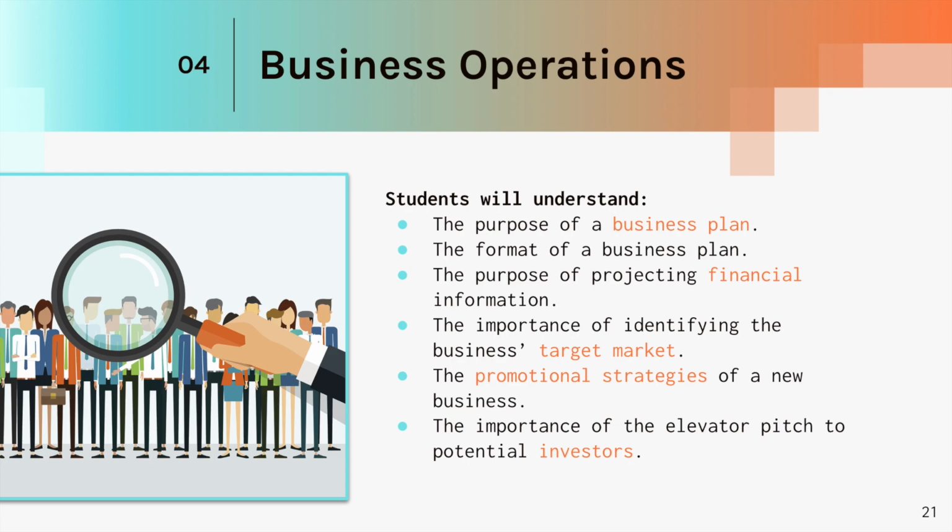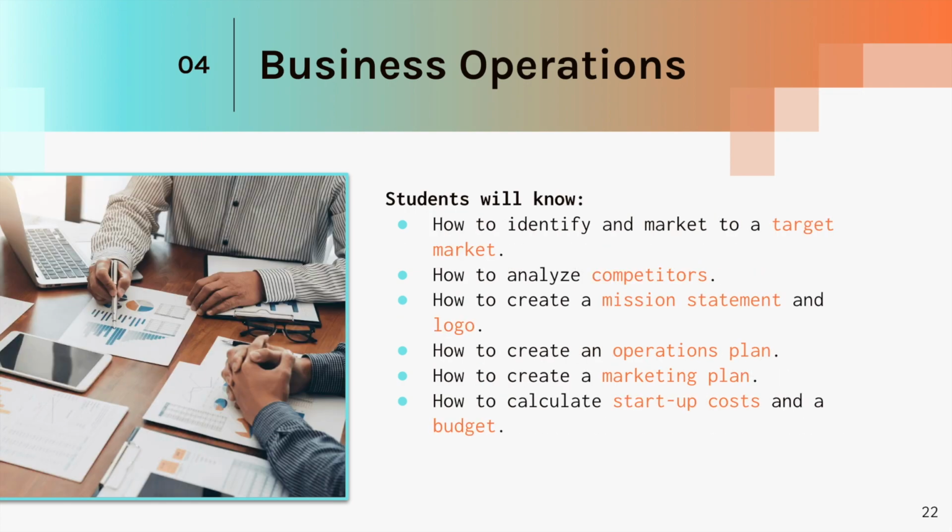They'll also have the opportunity to project financial information, identify a business's target market, put together some promotional strategies, and also put together an elevator pitch towards potential investors. Students will analyze competitors. They'll also create a mission statement. They'll develop a logo, and they'll put together an overall marketing plan so that they can pitch their business idea to potential investors.